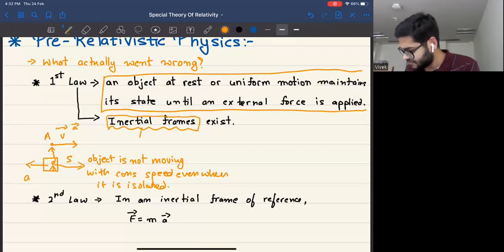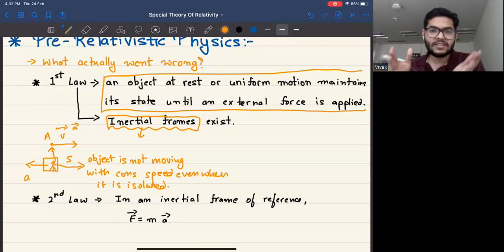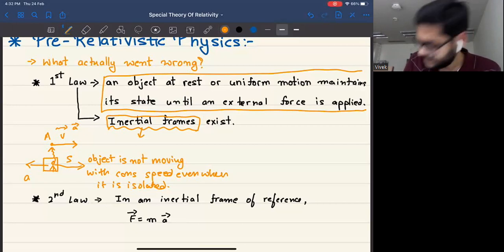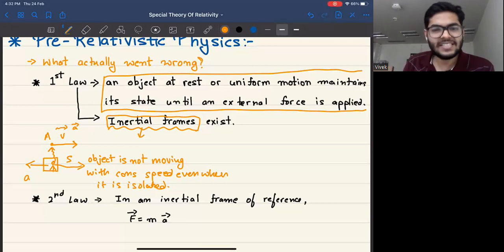If we are in these special frames, only then we will see that an object at rest remains at rest and an object in uniform motion maintains its uniform motion. So in other words, Newton's first law says that these special inertial frames exist. This is what Newton's first law really means.